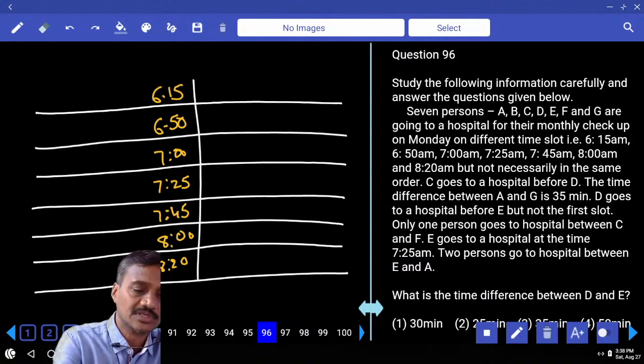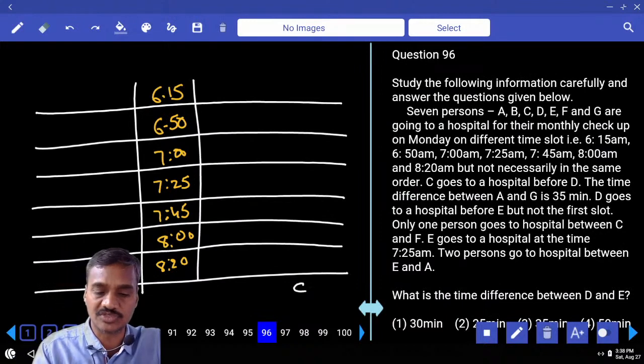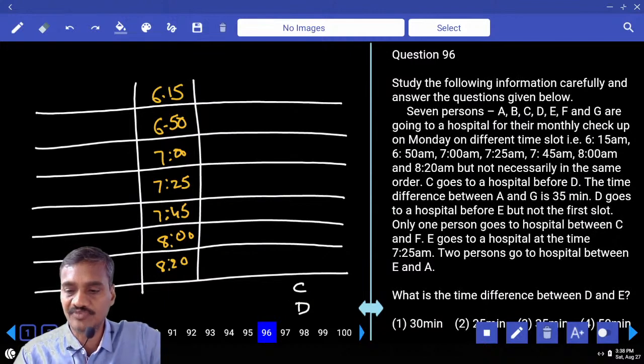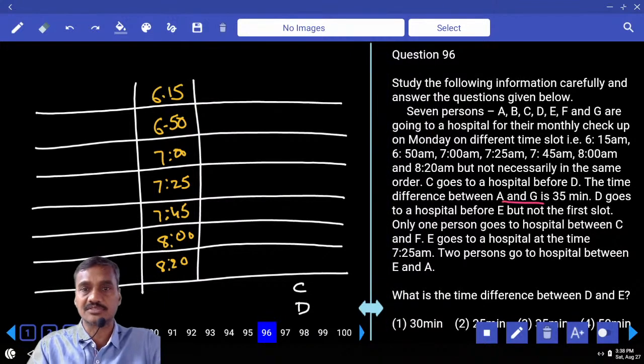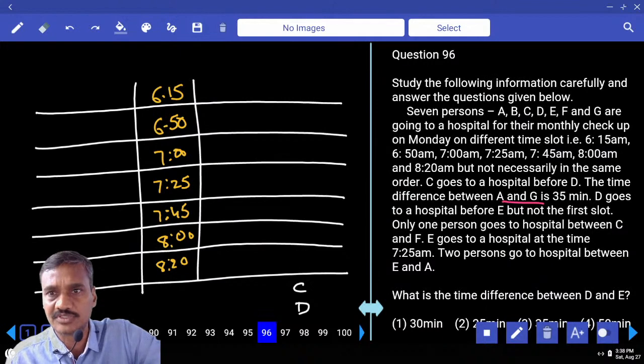Now, what is the first information? C is before D. The time difference between A and G is 35 minutes. A and G, 35 minutes, so 6:15 plus 35 is 6:50.